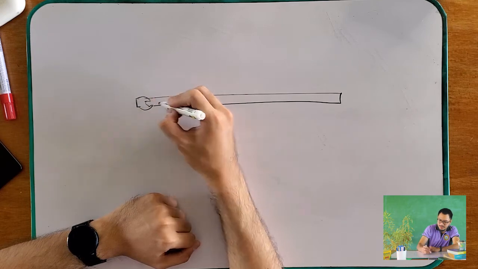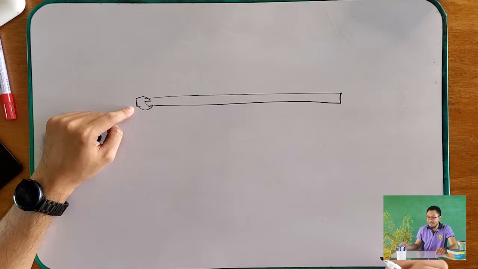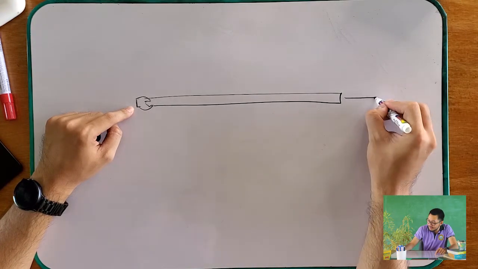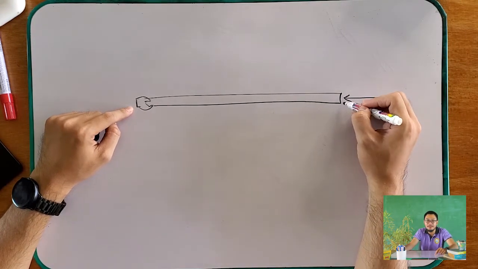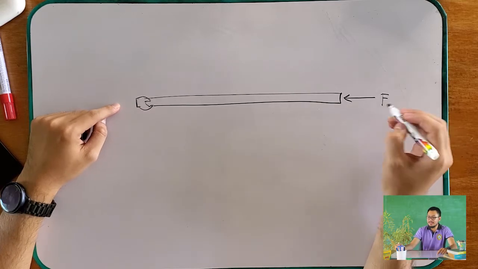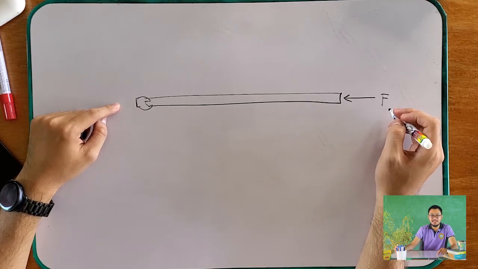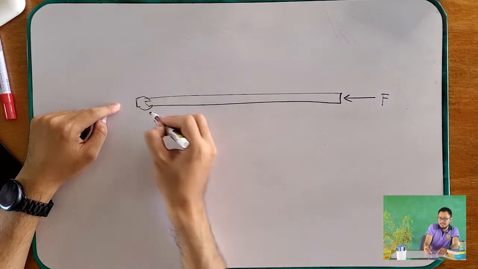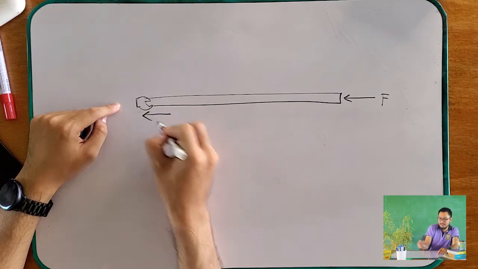And there is a force that is applied at the end of the stick. Now, does it have the same effect if I move that force here? Yes, it does. I only moved the force, and it still creates the same effect on my hand.